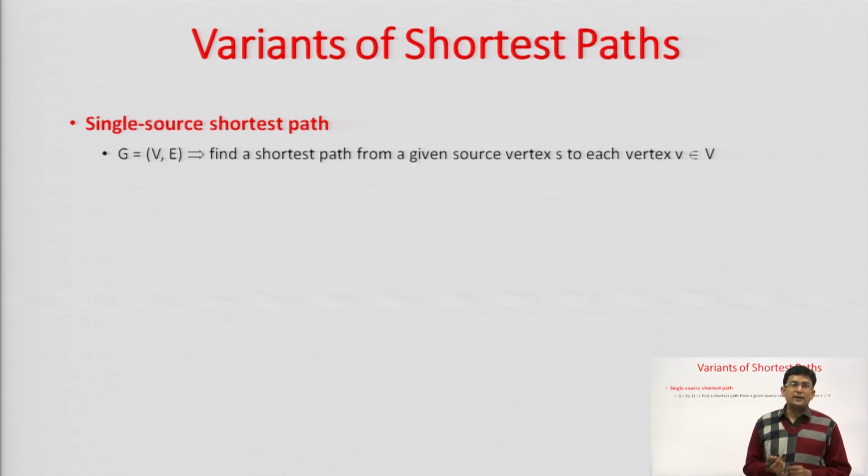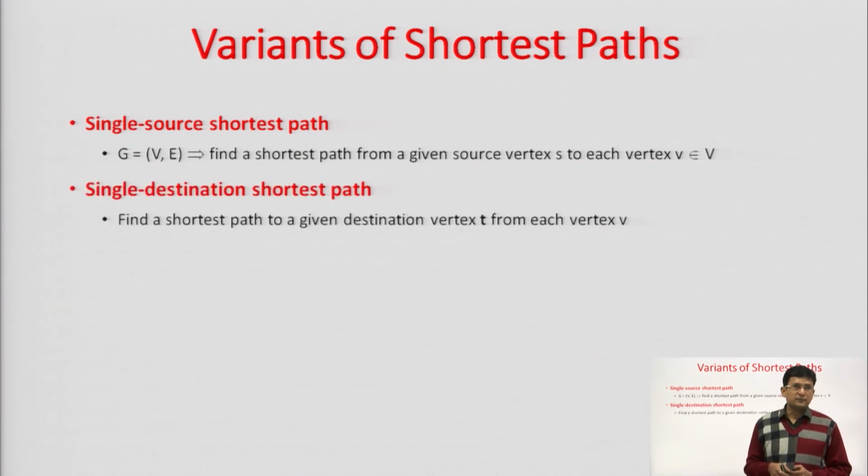They will pay the travelling allowance for the third AC fare from the shortest route. So we will have to find out the shortest route from ABS Engineering College Ghaziabad to all the destinations from which the people are coming. So single source shortest path means the source is fixed, destinations may be many.